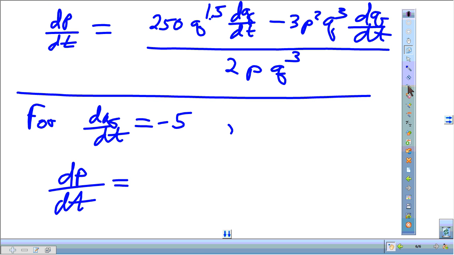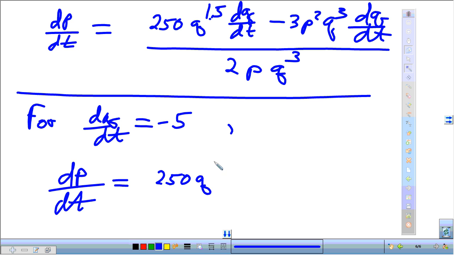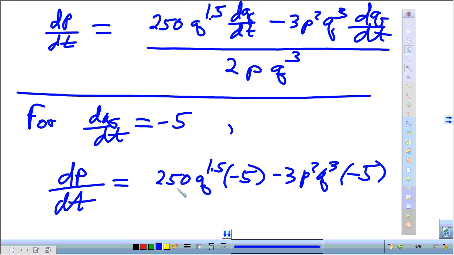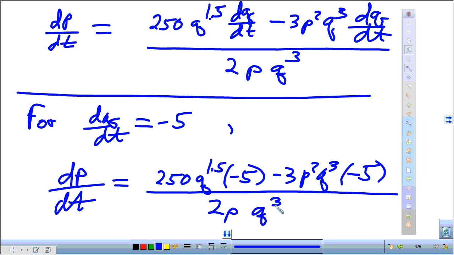Well, we're not going to quite get a unique answer here. We're going to get 250 q to the 1.5 times -5, minus 3 p squared q cubed times -5 for the change in q again, over 2p q cubed.